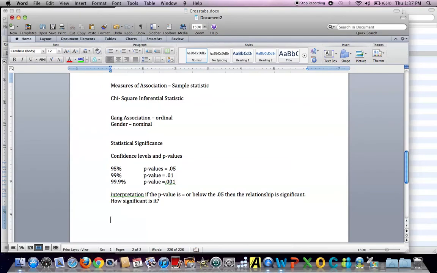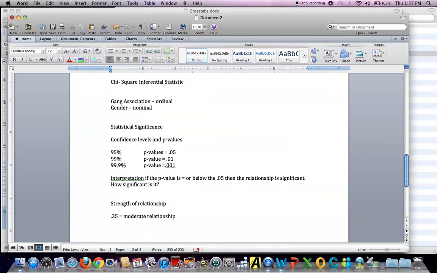So, strength of the relationship. Okay. People have different measures for these. You have to look, particularly in your field of study, to know what good is. Anything around a 0.35, you would consider a moderate relationship. All right. So the question becomes what is weak, and what is strong.